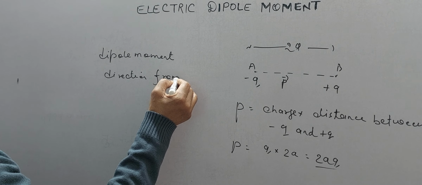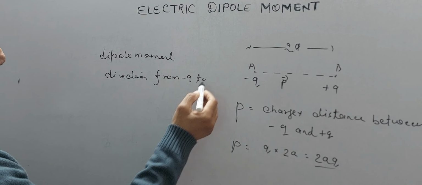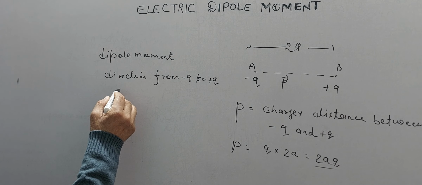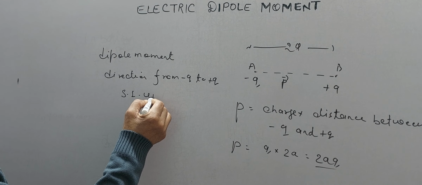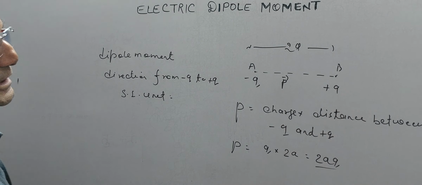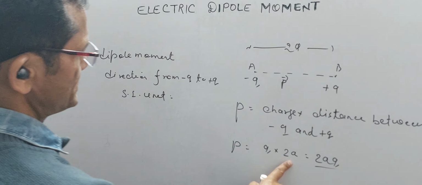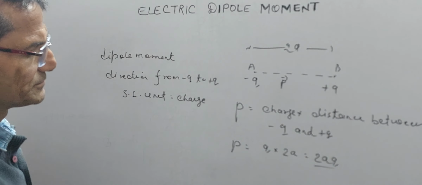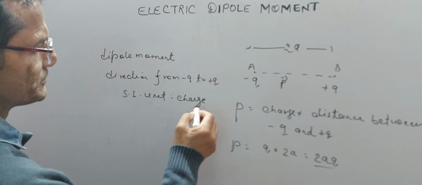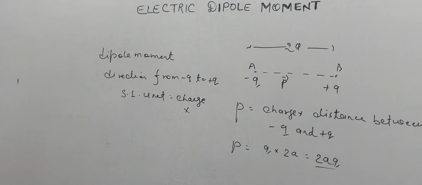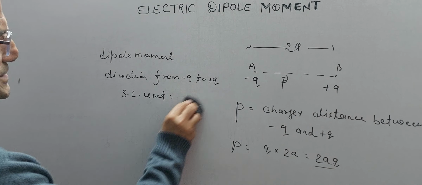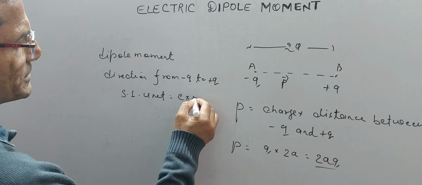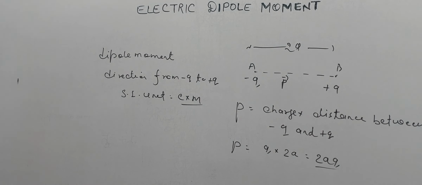Now the SI unit: charge times meter. Charge is measured in coulomb and distance is measured in meter, so its unit is coulomb meter.